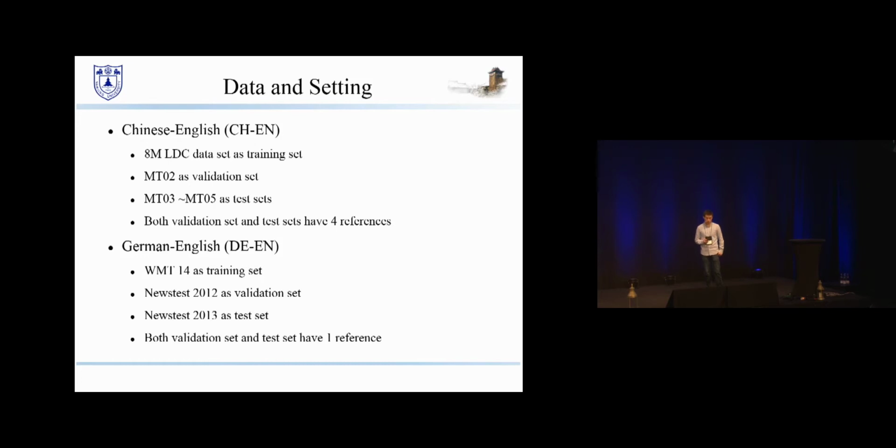In the German to English experiments, we use the WMT14 corpus. We use newstest2012 as the validation set and newstest2013 as the test set. Each sentence in the test set has 1 reference.